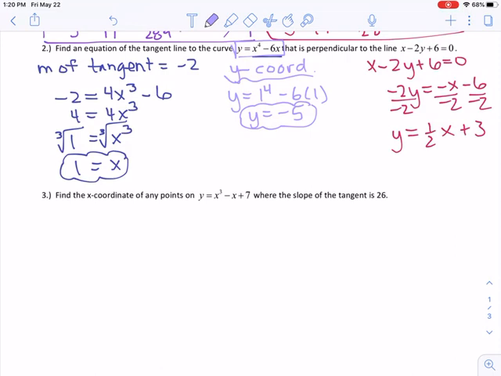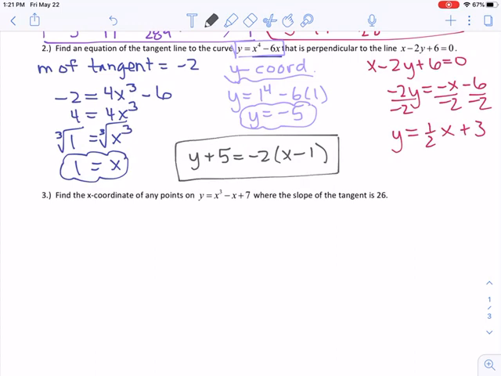So I know that the tangent is going to have a slope of negative 2 at the point 1, negative 5. So I can now write the equation of that tangent line as y plus 5 is equal to my slope, negative 2, times x minus 1.